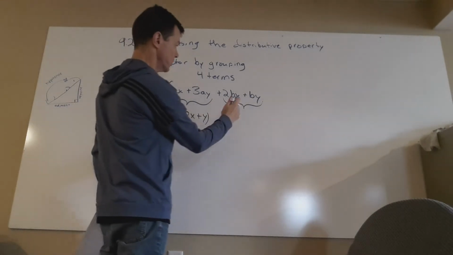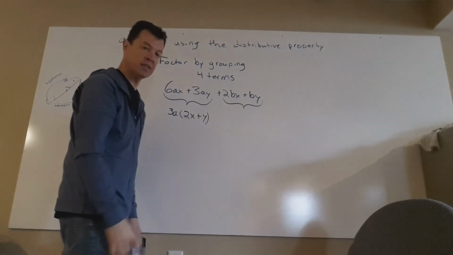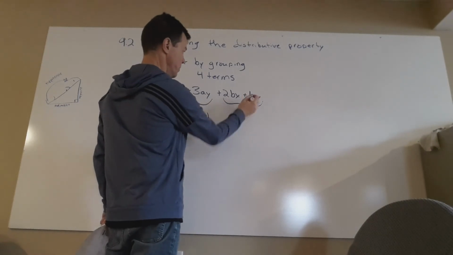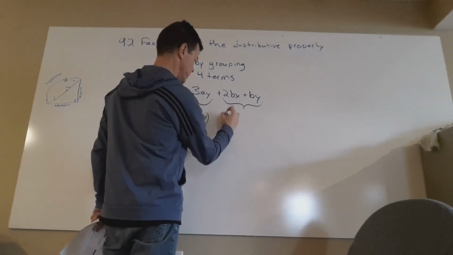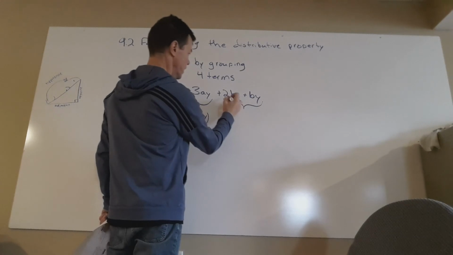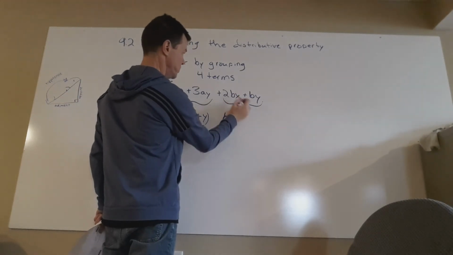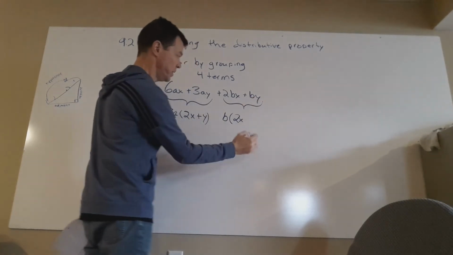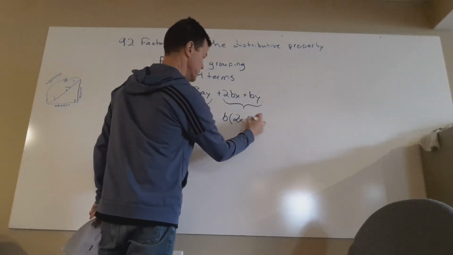Take a look at the second group. What can I factor out of 2bx and by? I can't factor any numbers out, but they both have a b, so I can factor out a b out of those. I take the b out of the 2bx, and I'm left with 2x. I take the b out of the by, and I'm left with just a y.